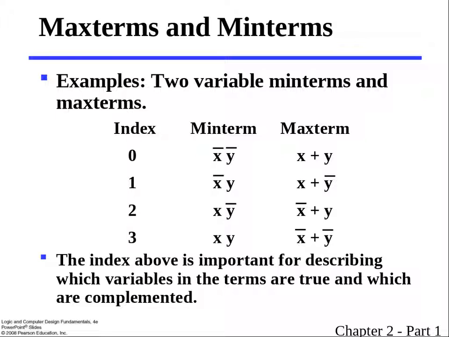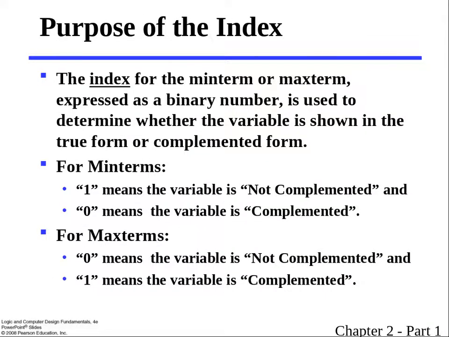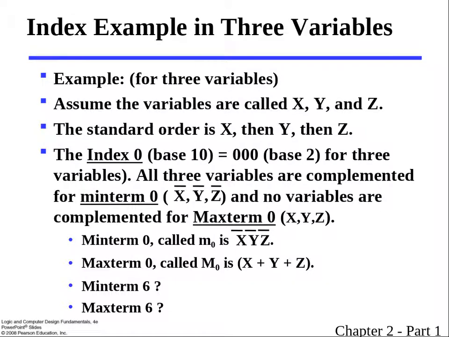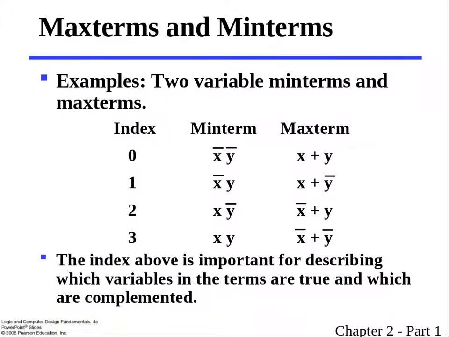So if you have a function of x comma y, and it's equal to, now I always forget which one's lower and which one's upper. The minterm is probably lower, isn't it? All right, yes, good. If you have minterm of 0, that means your function is not x and not y.